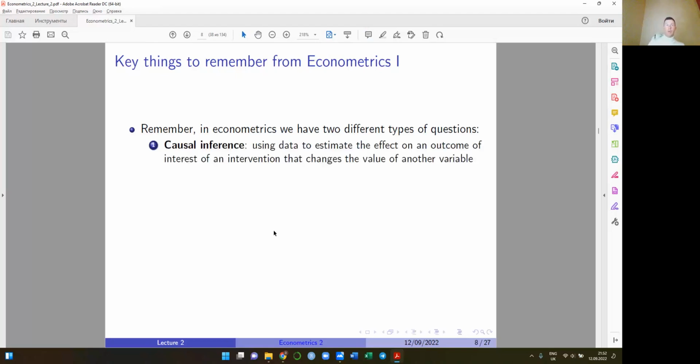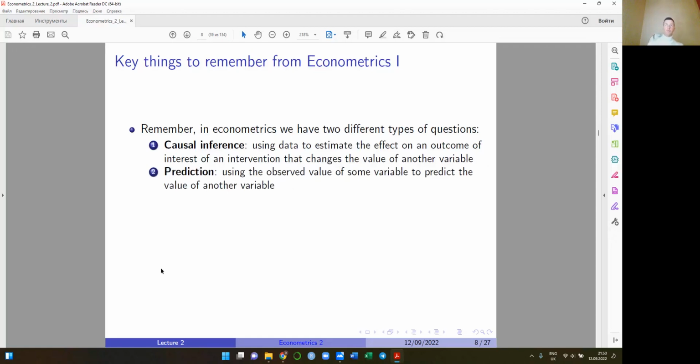One question that we want to answer is to quantify causal effects, when we want to know how much an intervention, some policy action, or some managerial decision might affect the value of interest.